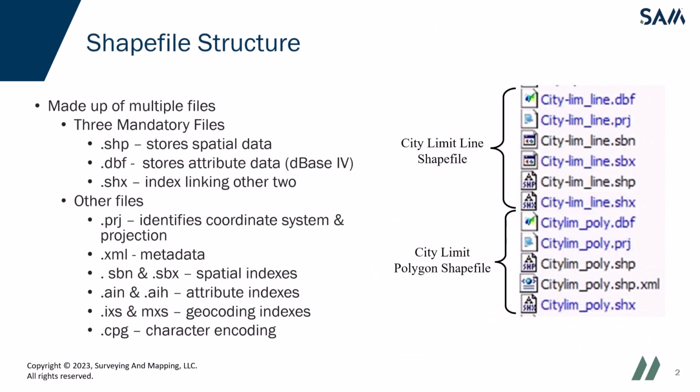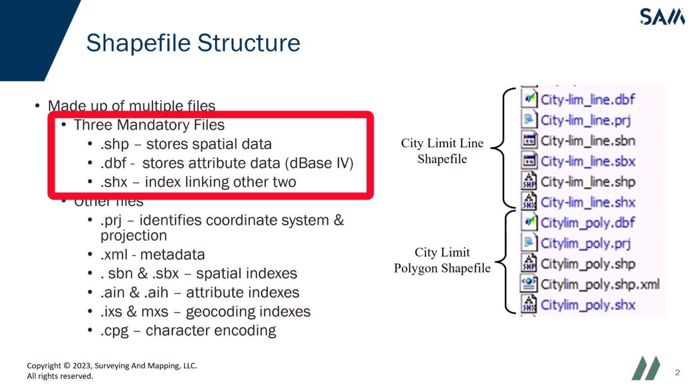If you're going to use shapefiles, you need to understand the structure. Contrary to what the name would imply, a single shapefile actually consists of multiple files. At a minimum, there are 3 mandatory files that you must have in order to have a working shapefile. These are the SHP, the DBF, and the SHX.